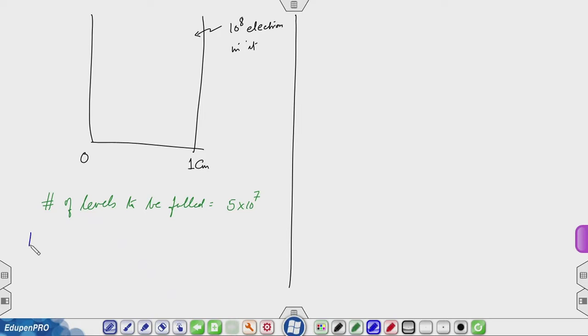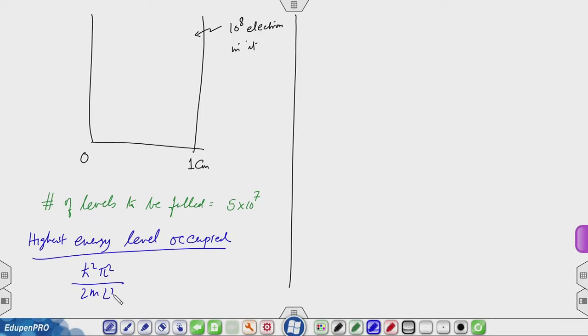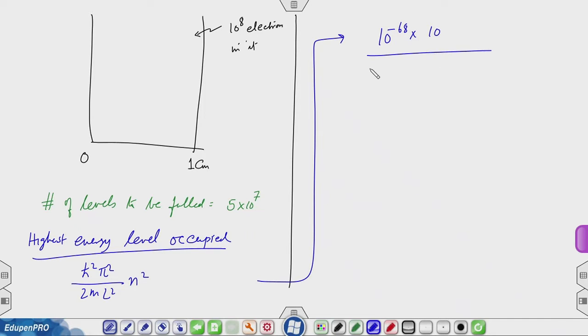So, let us calculate the highest energy level occupied. It is going to be h cross squared pi squared over 2 m L squared times n squared, and you put in numbers. h cross squared is 10 raised to minus 68, pi squared is 10, over 2 times m, which is roughly 10 raised to minus 30 kilograms.